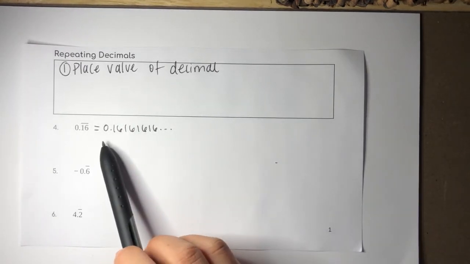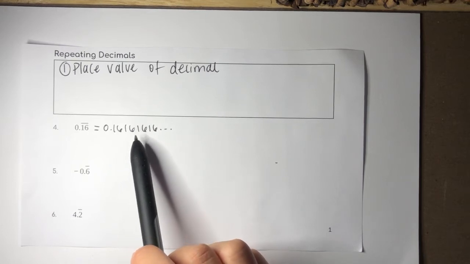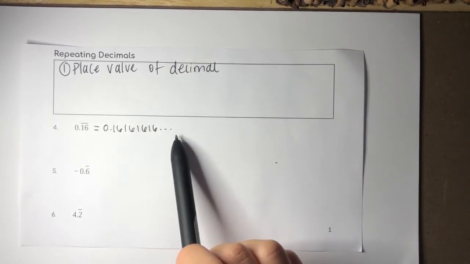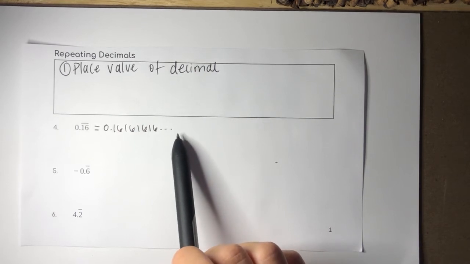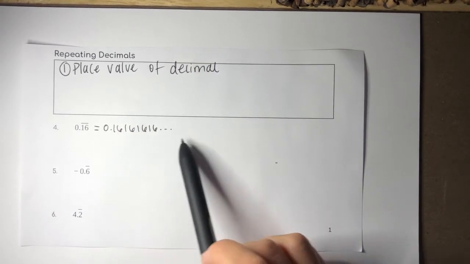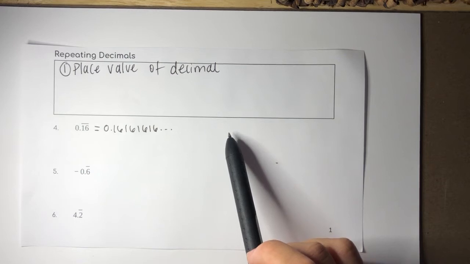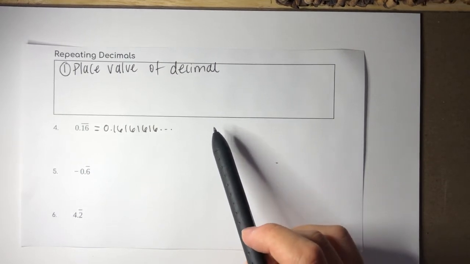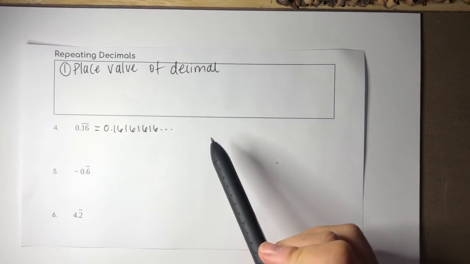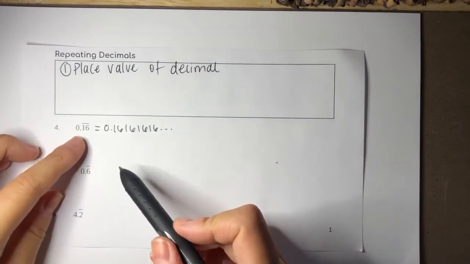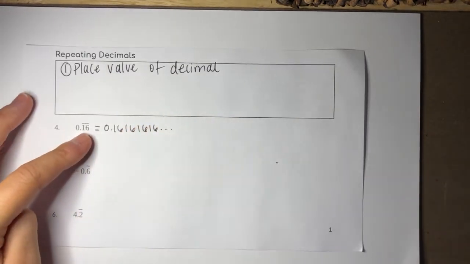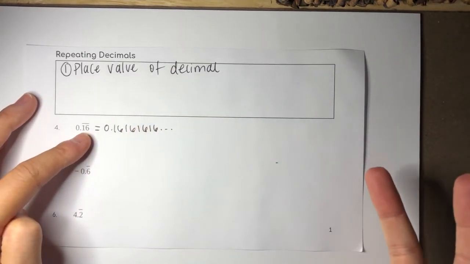And I don't know where this decimal stops, so I can't say, oh, we get to the thousandths place or the millionths place, because this decimal does this forever. So we have to use something slightly different when I translate it to its fraction form. The part that repeats looks like it goes to the hundredths place because it's 2 decimals.